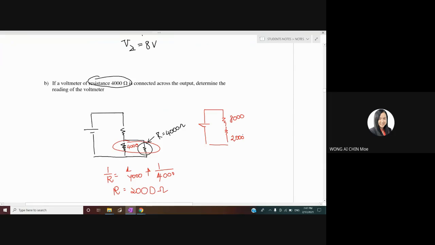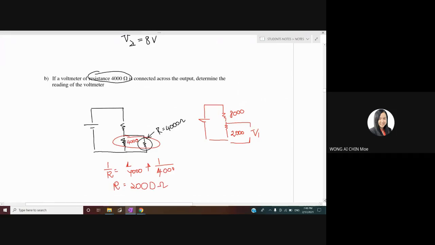So what is the reading for the voltmeter? Similarly, if you want to find our V1, now the resistor here is no longer 4,000, because there is a 4,000 for the output and a 4,000 for the internal resistor inside the voltmeter. So we need to recalculate. Similarly, we also have two loops, the bigger loop and the small loop.